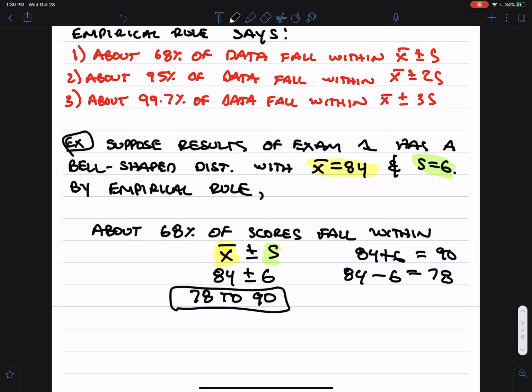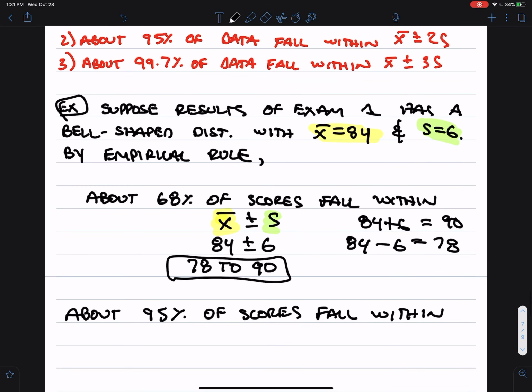And then what about the second one? Let's just say about 95% of scores fall within x bar plus or minus 2s.